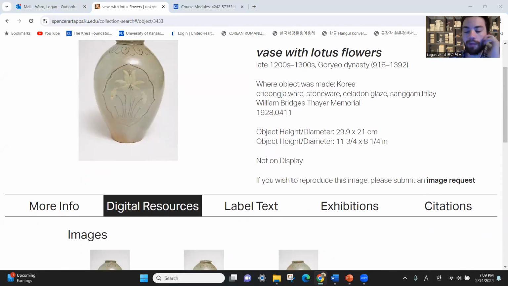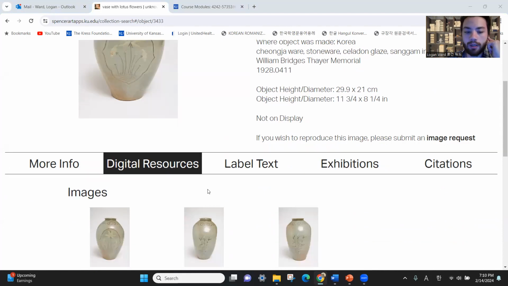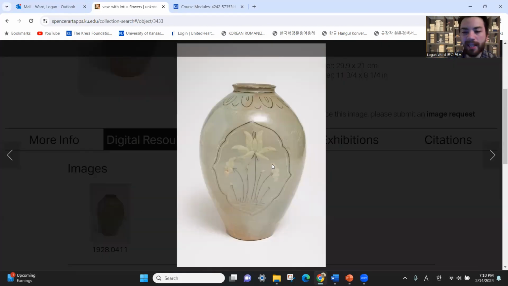I would say use whatever information is given to you, and make sure you know what the technique is according to the museum. That's how you know you're going to have the right technique, because sometimes they can look very similar. Okay, good.